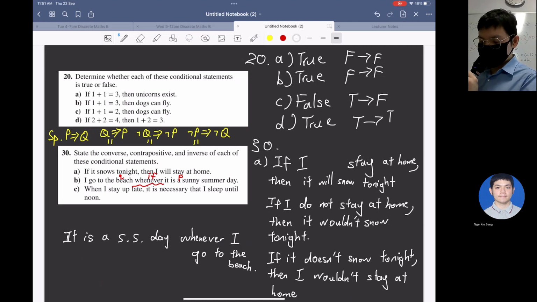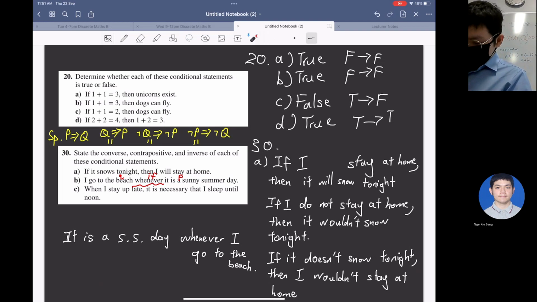P implies Q becomes Q implies P. So first of all, you need to determine what is P, what is Q. P is I stay up late, and Q is it is necessary that I sleep until noon.